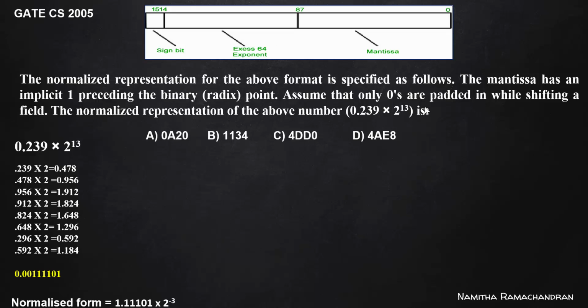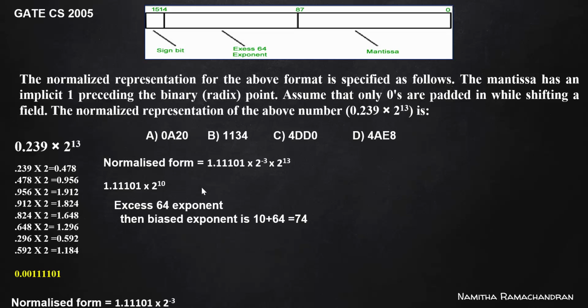Already we have this exponent here, 2 to the power 13, and now we get 2 to the power minus 3. Okay, so normalized form is 1.11101 into 2 to the power minus 3 into 2 to the power 13. That is this binary form into 2 to the power 10.